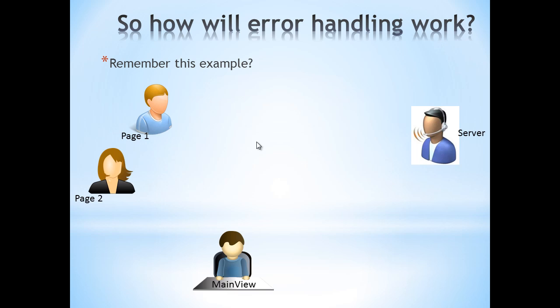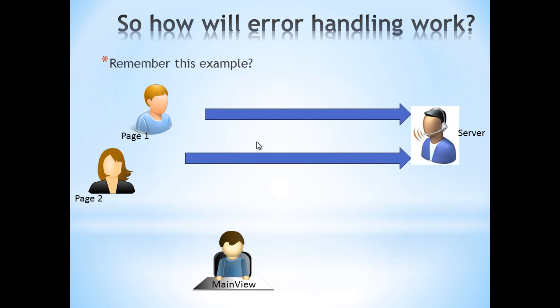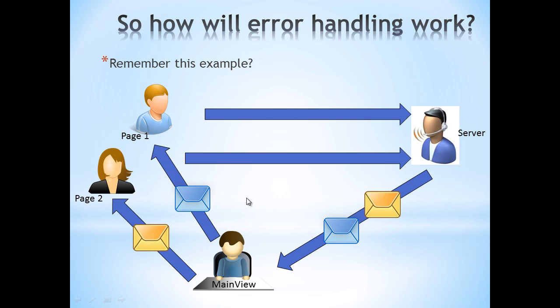So how will this error handling work? Well, you may remember this example. Page 1 and page 2 both send their request to the server. Then the server sends the response back wrapped in an event object or envelope, like I simulated it, which will then be sent to the respective page 1 or page 2.